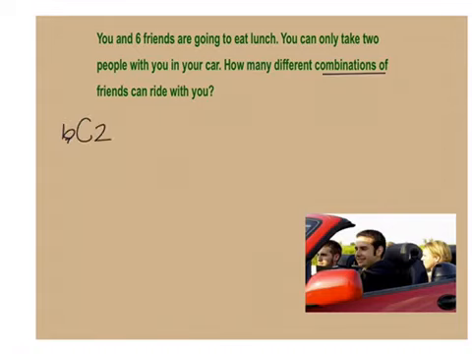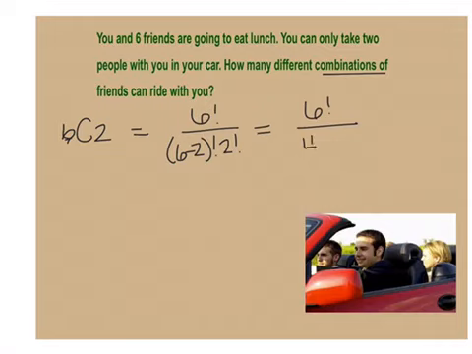I'm going to choose 2 of them. So when I do that, I get 6 factorial on the top, divided by 6 minus 2 factorial times my r factorial again. If I simplify, I get 6 factorial divided by 4 factorial times 2 factorial. So I'm going to start writing on top, and I'm going to stop when I get to the largest factorial number on the bottom.